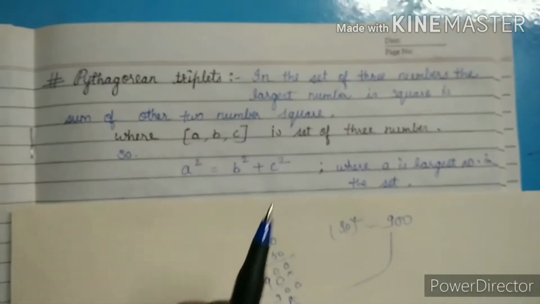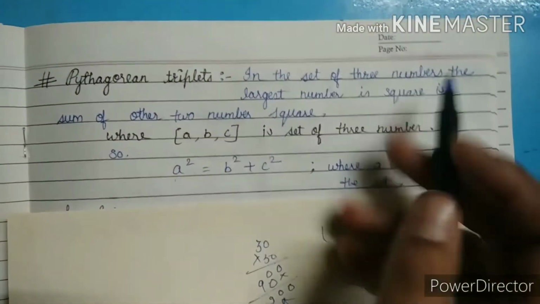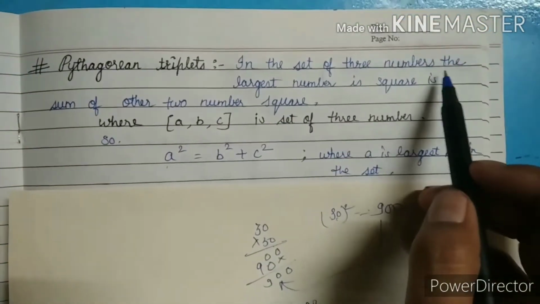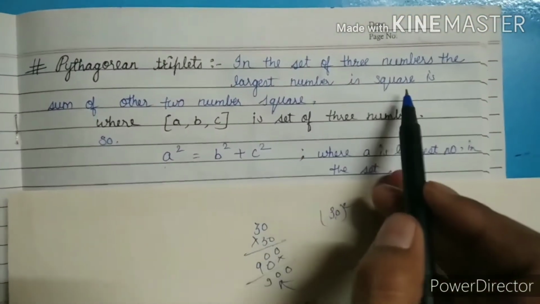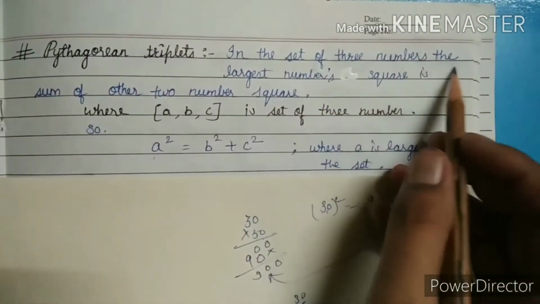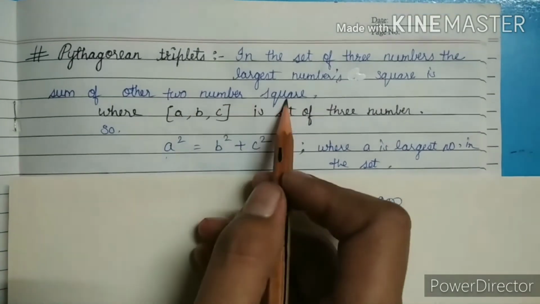Pythagorean triplet can be defined as a set of 3 numbers. Whenever we take any 3 numbers, the largest number's square is the sum of the other 2 numbers' squares.